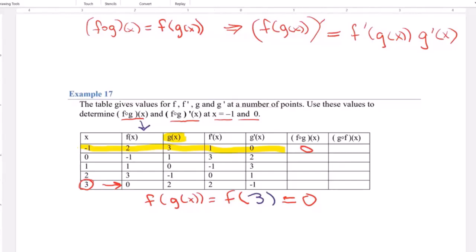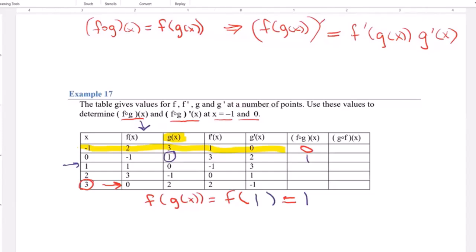Then let's just erase this and this. And I can say when g of x equals 1, plug in 1. I go to my x at 1. F of x at 1 is equal to 1. So I plug that in.